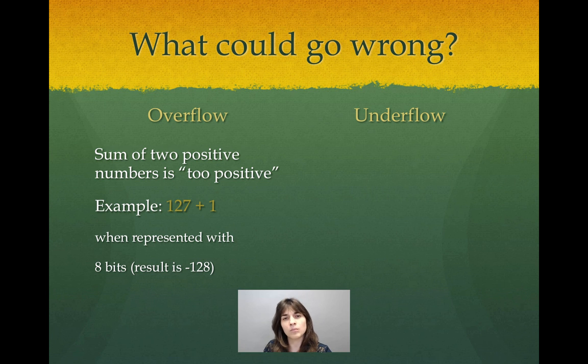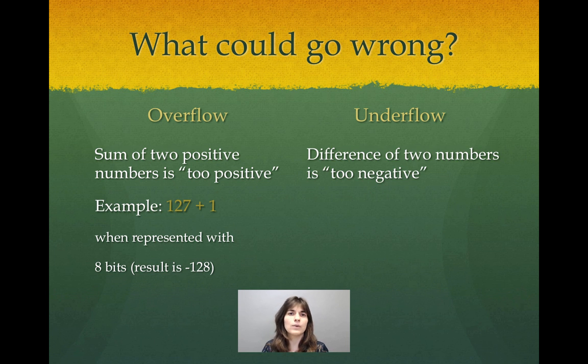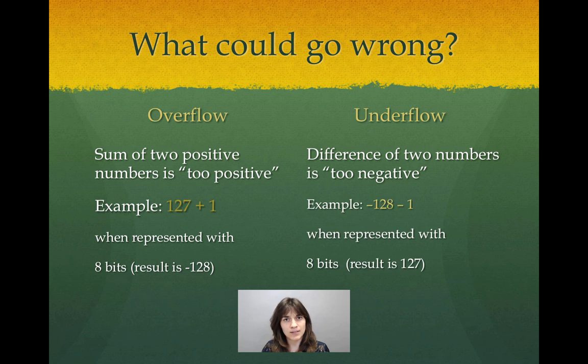When we actually start programming, we will see specific examples in code. How about underflow? Underflow is the other side of the coin. It is a problem when the difference of two numbers is too negative. Again, in a system where we have 8 bits, 2's complement, what is the most negative number, the smallest number we can represent?